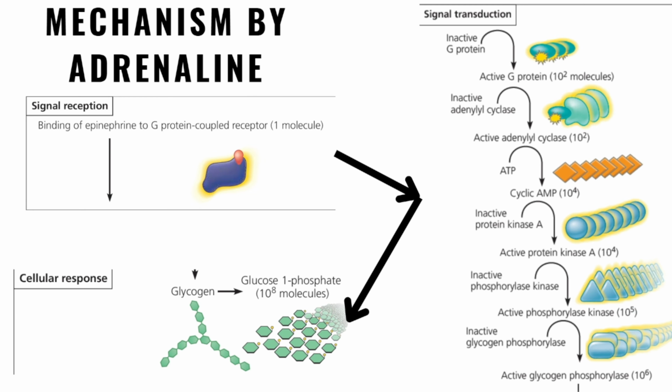Activate is the verb, and activated is the term, and inactivated is the term. For example, cyclic AMP acts as second messenger, will activate inactivated protein kinase A becoming activated protein kinase A. You need to mention all the terms: inactivated, activating, activated.